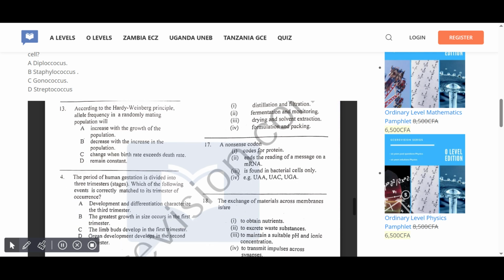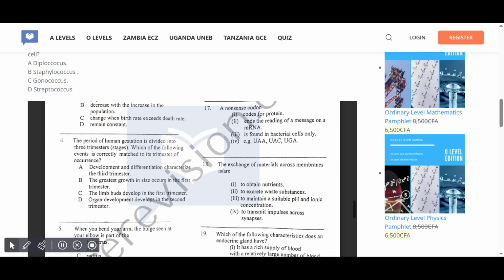Question 14. The period of human gestation is divided into 3 trimesters or stages. Which of the following events is correctly matched to its trimester of occurrence?